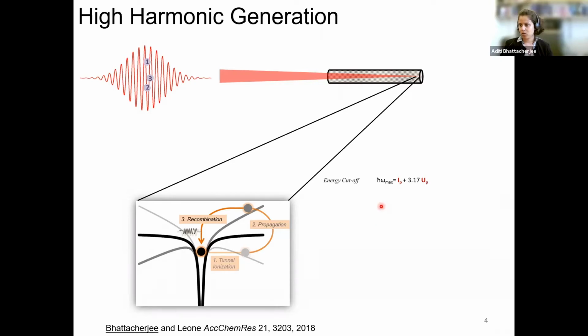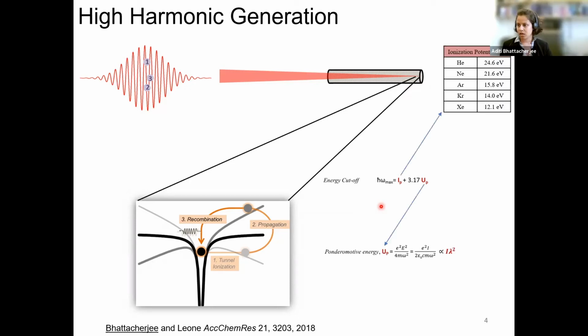One of the very few equations that I will show in the talk today is the energy cutoff for high harmonic generation. Usually it's given by a sum of the ionization potential, which can be tuned by changing the rare gas in the HHG target cell, all the way from helium to xenon. There's another factor, which is the ponderomotive energy. This is the mean kinetic energy of the electron in the field.